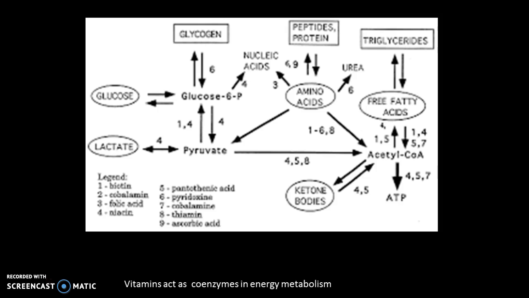You can see here that B vitamins can be involved in the breaking down of protein or glucose or triglycerides and the creation of ATP, or they can be used to assemble some fatty acids or triglycerides or amino acids or polypeptides or glucose and then glycogen in terms of reassembly. So we have some catabolism and anabolism taking place, and all of these B vitamins act as coenzymes in those processes.